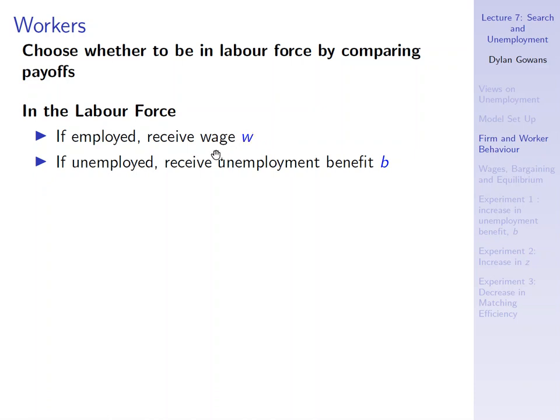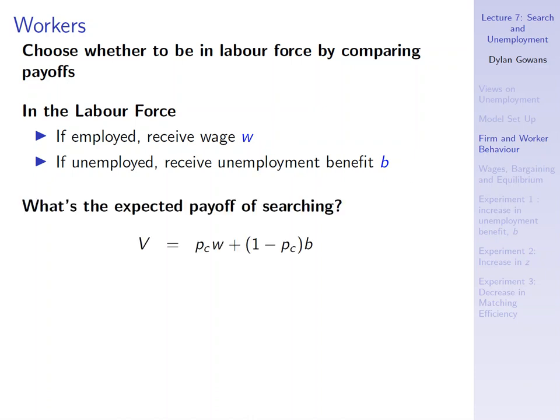If I don't match, if I'm unlucky and I go into the labor market and I don't match, we're going to assume that workers receive some unemployment benefit B. So what's the expected payoff of searching, i.e., what's the expected payoff of being in the labor market? Well, with the probability PC that I match, I get wage W. And with the opposite probability, 1 minus PC, I don't match and I get the unemployment benefit.